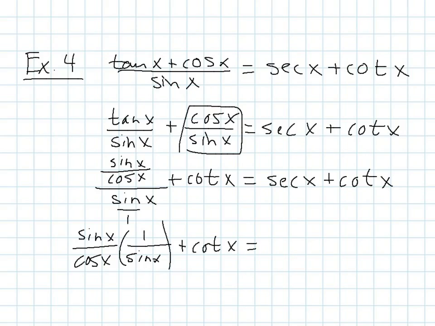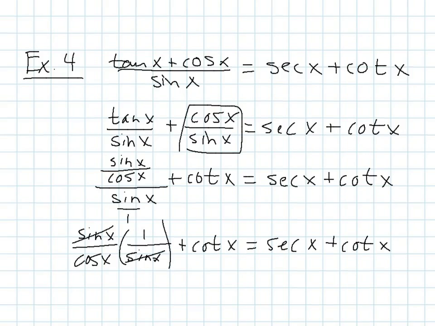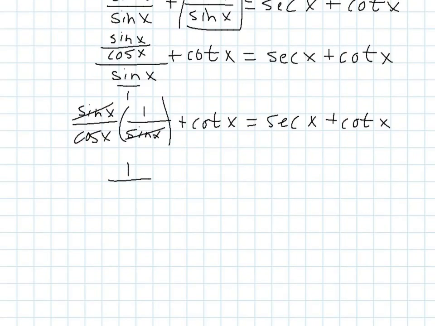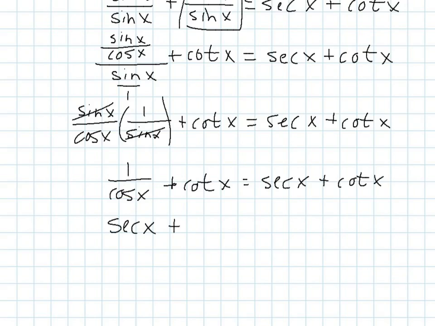Now looking at that, it looks like my sines actually cancel out, which leaves me with 1 over cosine, which is the same thing as secant. Okay, and there's my answer.